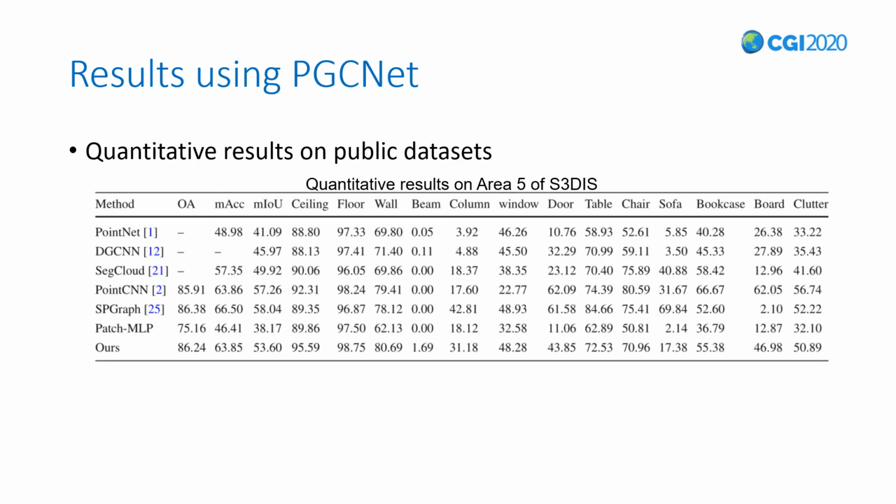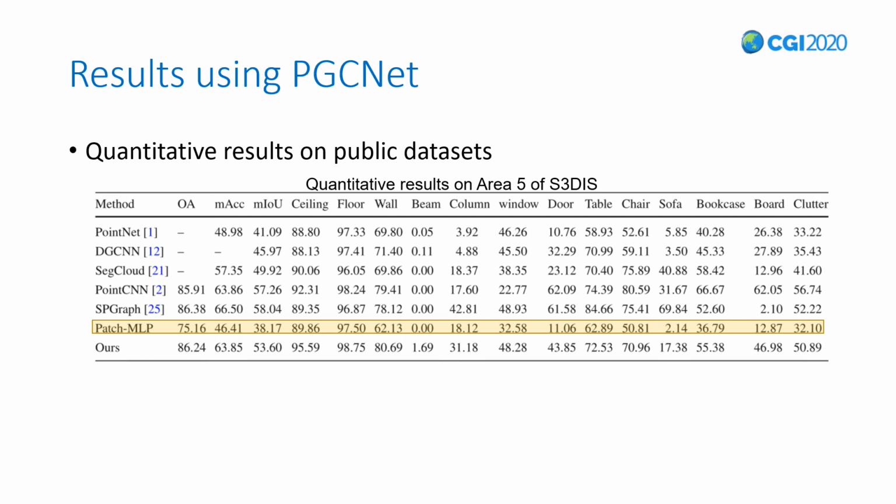The first table presents quantitative results of our method and comparisons with state-of-the-art methods on Area 5 of the S3DIS dataset. Here we adopt our layout-object-aware PGCNet for indoor scene segmentation. PatchMLP denotes an MLP classifier using our extracted surface patches and their features.